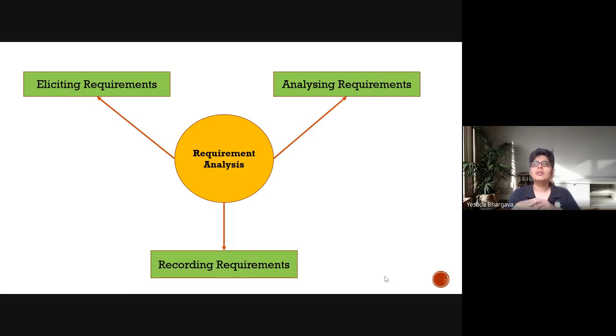So there's this entire process. Remember the last slide from the last lecture, there was a diagram in which the feasibility study was done. The results of the feasibility study were recorded, and after that, requirements were gathered. After gathering, they were analyzed, and after analysis, they were specified. And then later on, they can be maintained or validated.